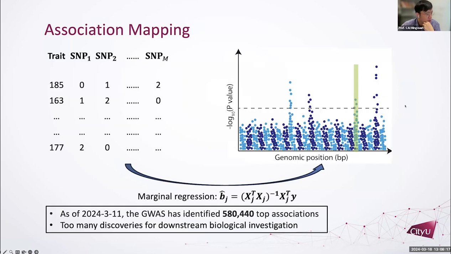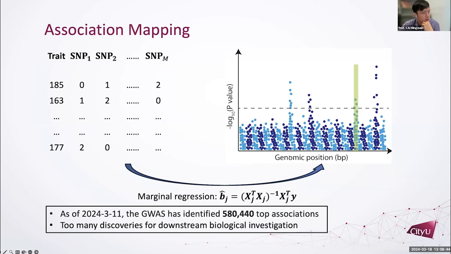Right. Okay, so traditionally, what GWAS does is very simple. We just marginally regress the phenotype vector on each column of the SNP. We try to find out whether there is a marginal statistical correlation between the SNP and the phenotype. If we do this screen across the genome, what we get is something like this, which is called a Manhattan plot.